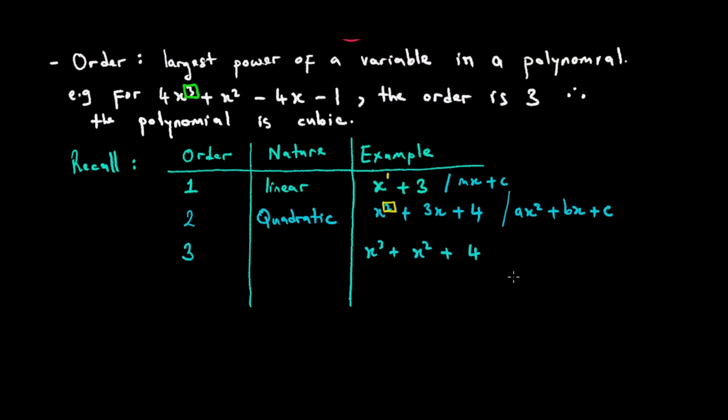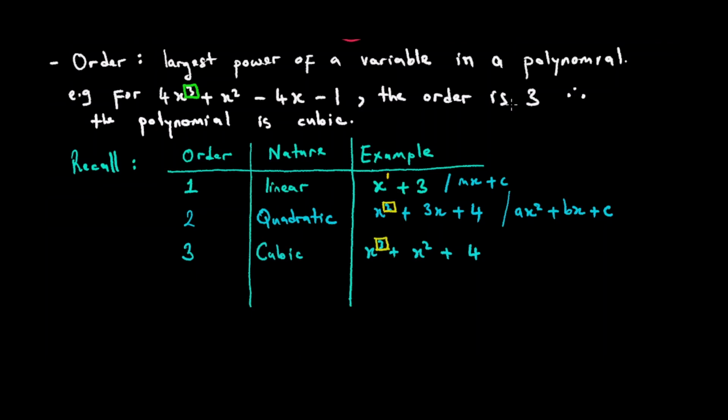Sometimes we have situations where we do not have every power represented. Like in this case, we don't have x to the power 1. What's important is to take note that the largest power inside this polynomial is 3, which makes the order 3. And the nature of this is called cubic, as was in our example.